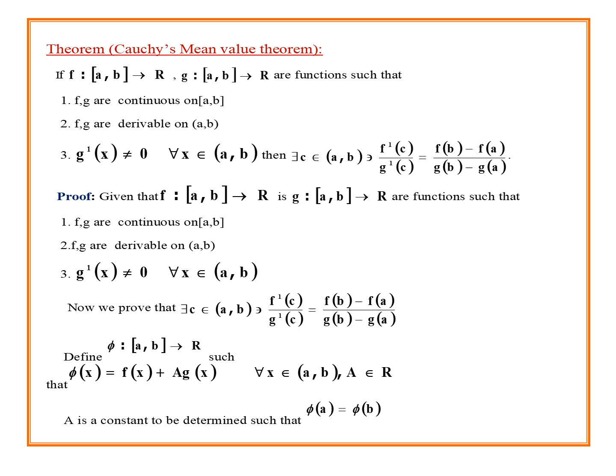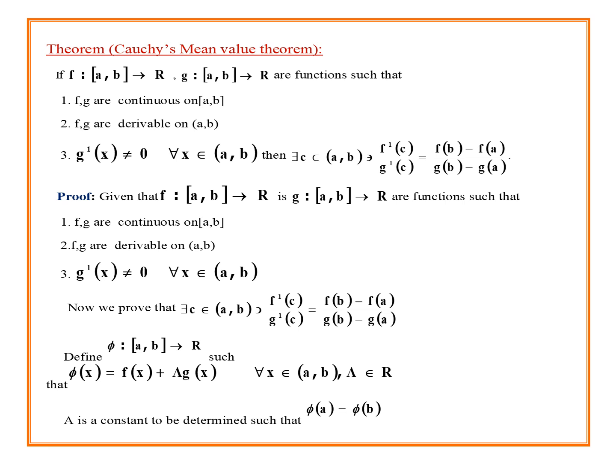Third condition, g dash x not equal to 0 for all x belonging to the open interval a comma b. Now we have to prove that there exists c belonging to the open interval a comma b such that f dash c by g dash c equals f of b minus f of a by g of b minus g of a.